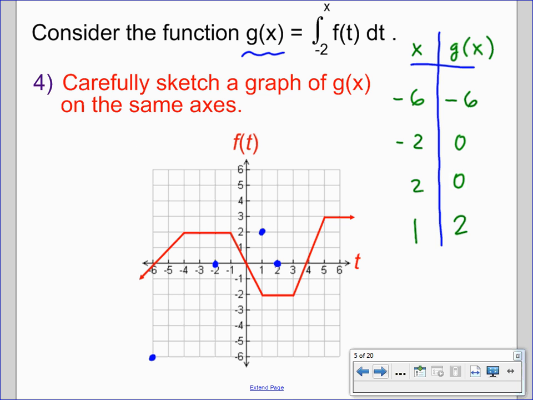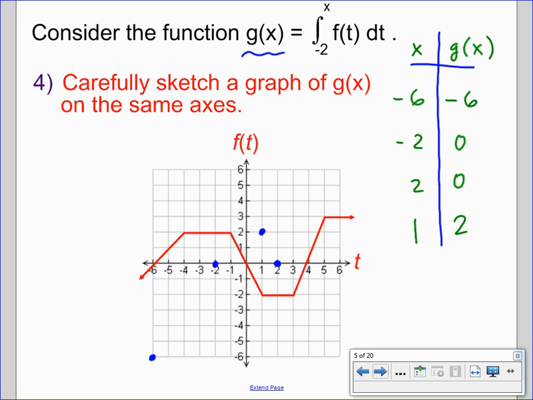So we could start at -2 and start accumulating area if we wanted to, right? And then we can finally remember our connection between a function G and its derivative, G prime. We know that when my original function's increasing, then G prime is positive, and so on and so forth. I think that's going to help us fill in our final points. So here we go.